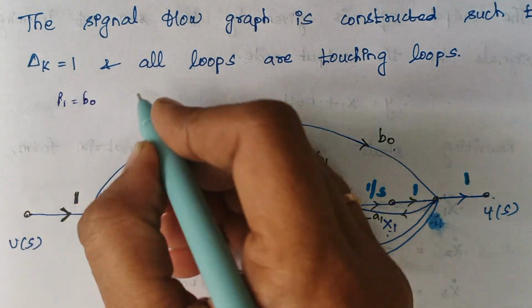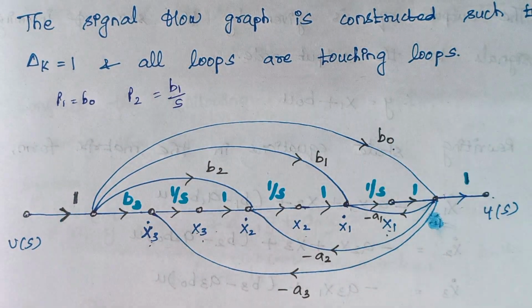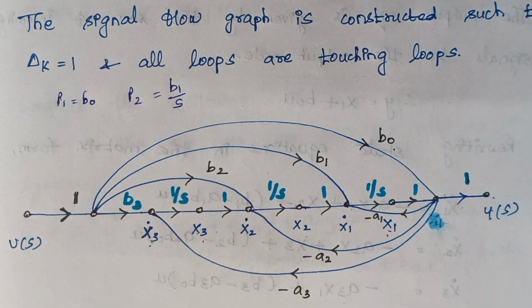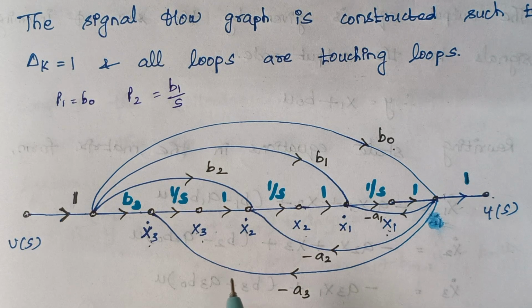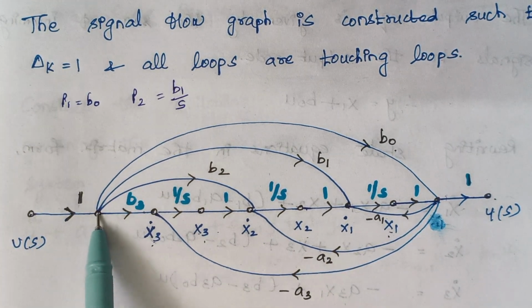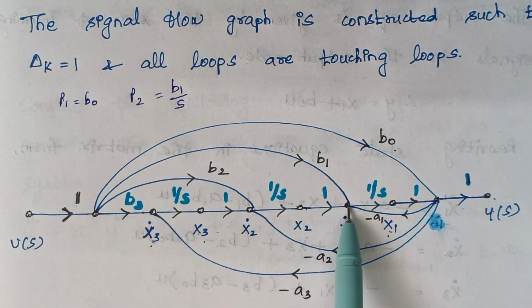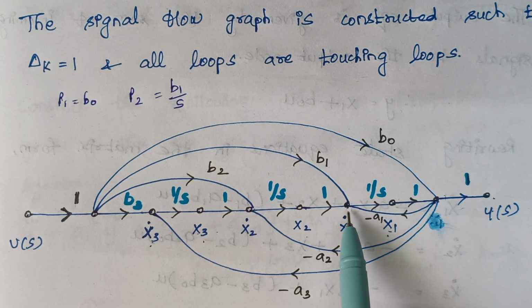And the next path gain value is given as p2 is equal to b1 by s, right? So we need b1 into 1 by s. That is the expectation. So here again we start from here and we move to this node, and here we are traveling over here, right? We need only 1 by s.